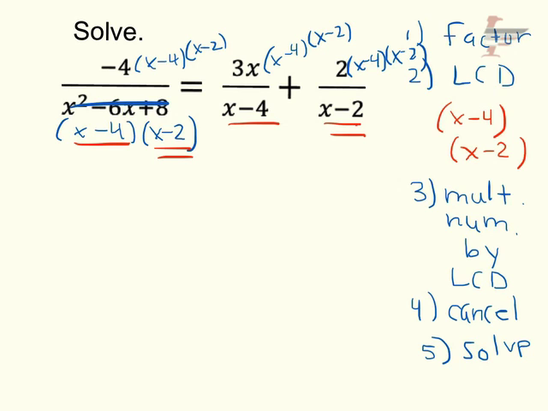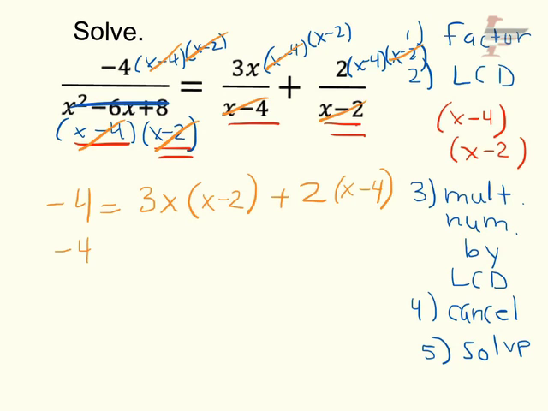So here you can note that the x minus 2's cancel and the x minus 4's cancel, so I'm only left with negative 4. With the 3x, the x minus 4's cancel, so I'm left with 3x times x minus 2. And with the 2, the x minus 2's cancel, so I'm left with x minus 4.